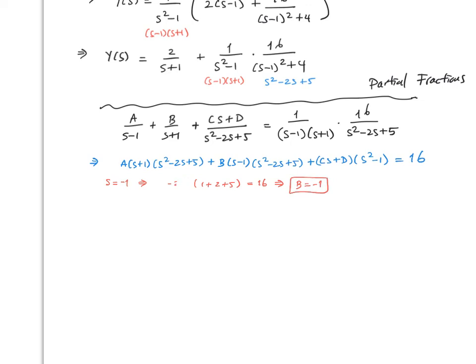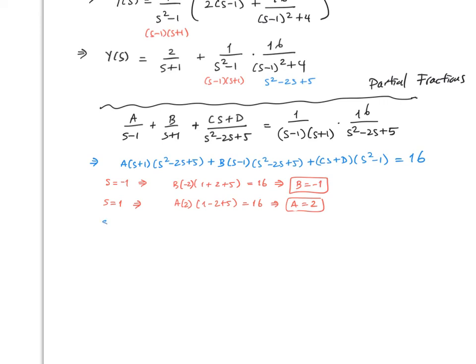Or it may be easier if you put the B in front and then the -2, but it doesn't matter. So from there, B equals -1. If you do s equals 1, then you're going to have A times 2 times 1 minus 2 plus 5 equals 16. So that means that A equals 2.